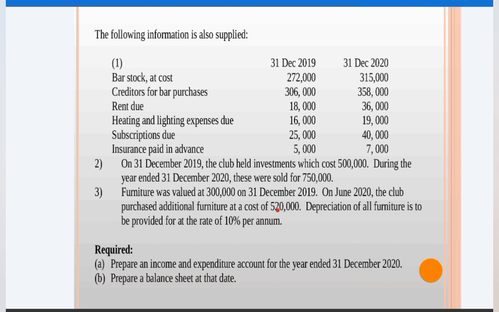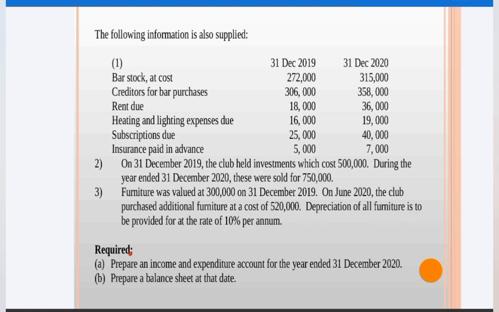So 10% of 520,000 is 52,000, and when you multiply by half, because the furniture was used for half of the year, you get 26,000. So 26,000 plus 30,000 gives you 56,000. So the depreciation should be 56,000.